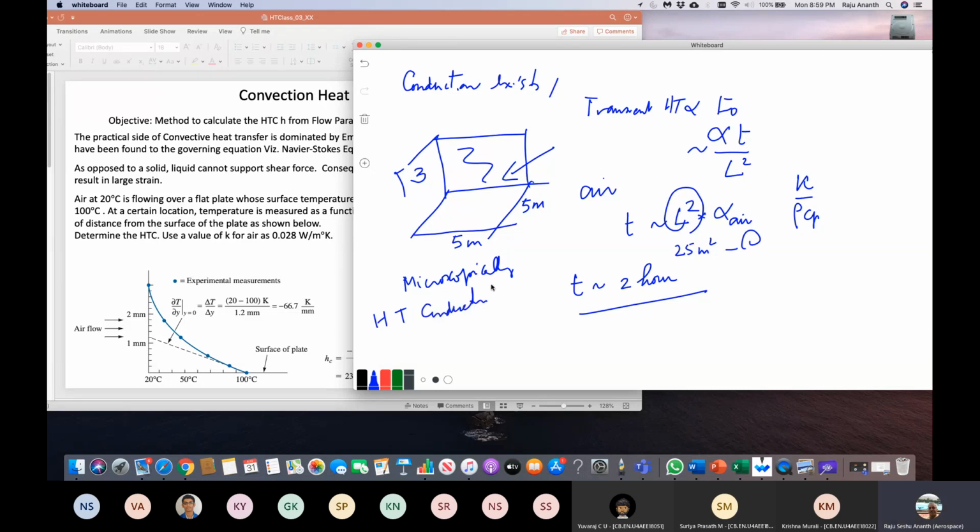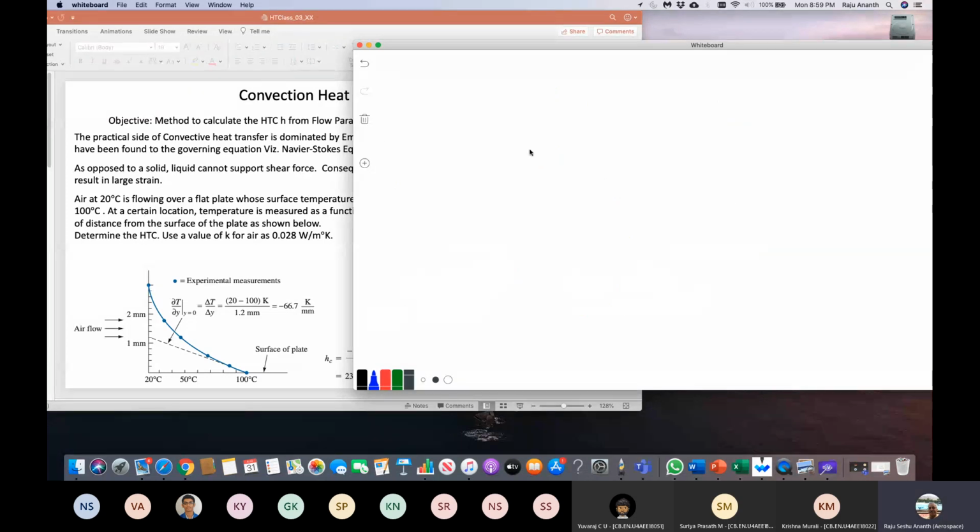In other words, let's say I have a fluid. I have shown it here, but it's okay, I'll just show it. There's a hot plate at temperature Ts, and a relatively cold fluid is coming at T infinity.